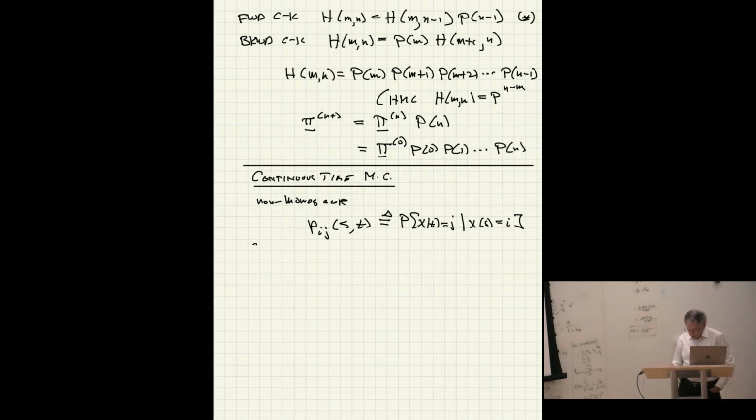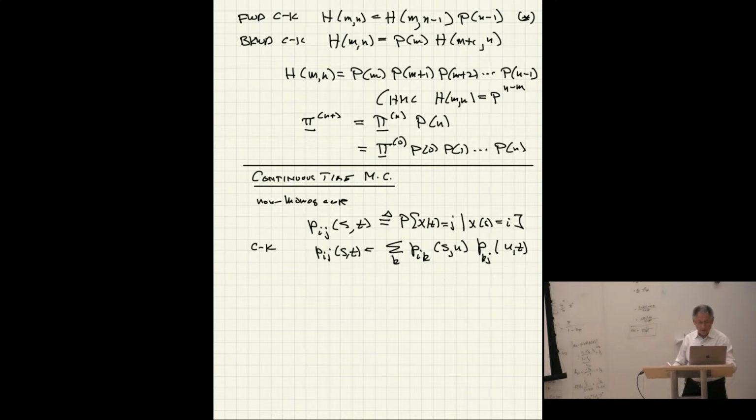And so the Chapman-Kolmogorov equation, no surprise, looks like this, that Pij of s and t is the summation over intermediate states again of Pik, going from i to an intermediate state k, starting at time s and going to time u, and then going from time u to time t, going from k to j. So it's Pkj of u comma t.